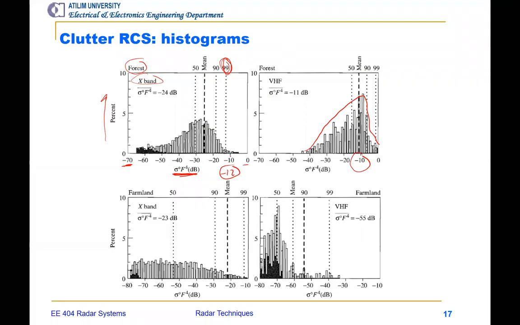For farmland and X-band, we see that it's quite distributed from minus 80 to minus 10 dB. The mean value is somewhere about minus 20 dB, while for VHF, it's about minus 70 dB, which is quite low compared with X-band, if I look at the center concentration here.